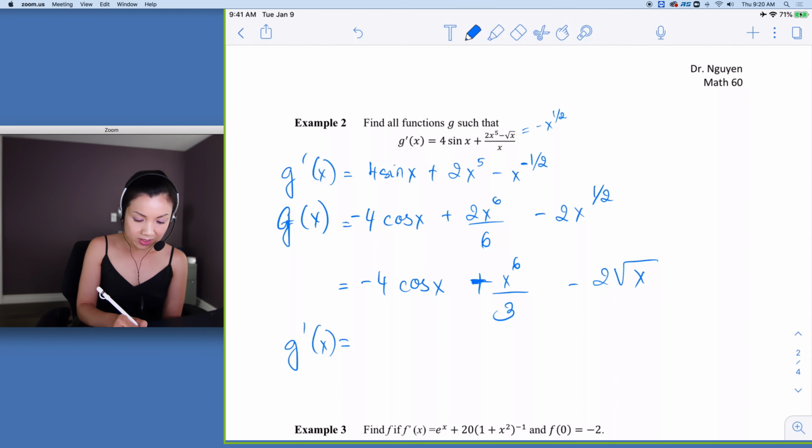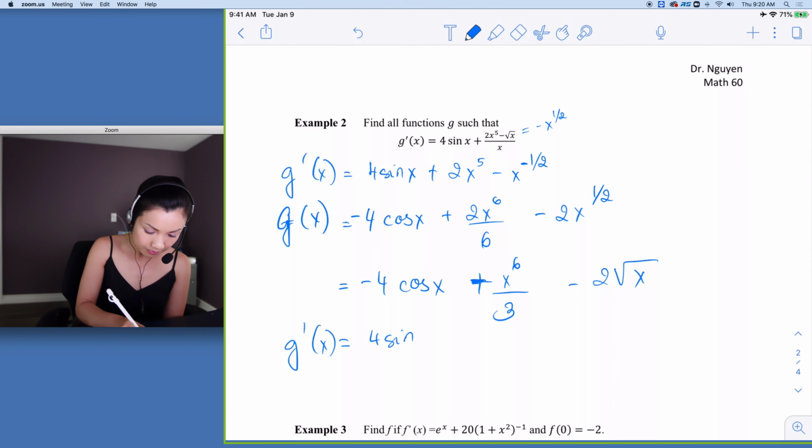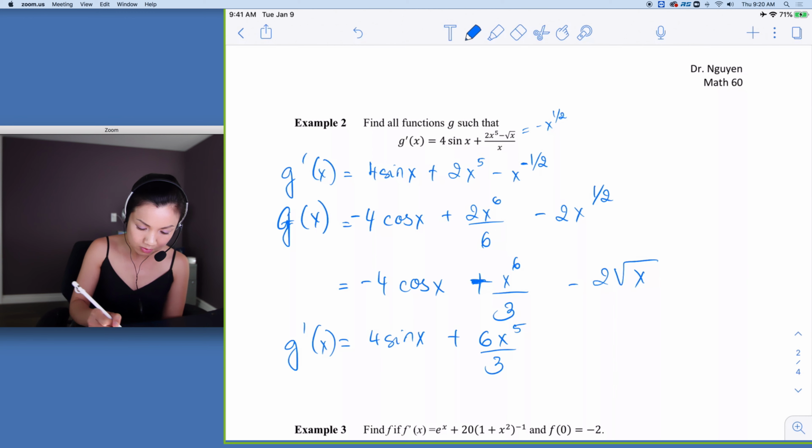Cosine derivative is negative sine, so it's going to be positive sine. Okay, taking the derivative, you bring 6 to the front, you minus 1 from the power. Taking the derivative, you take 1/2 to the front, you minus 1 from the power.